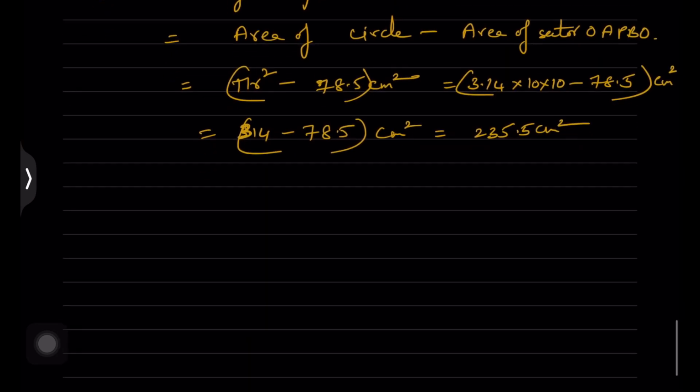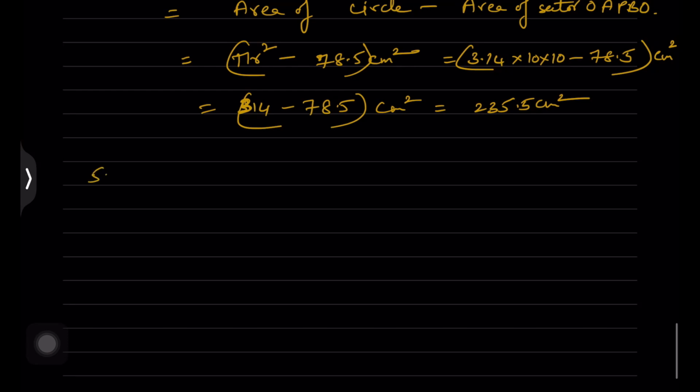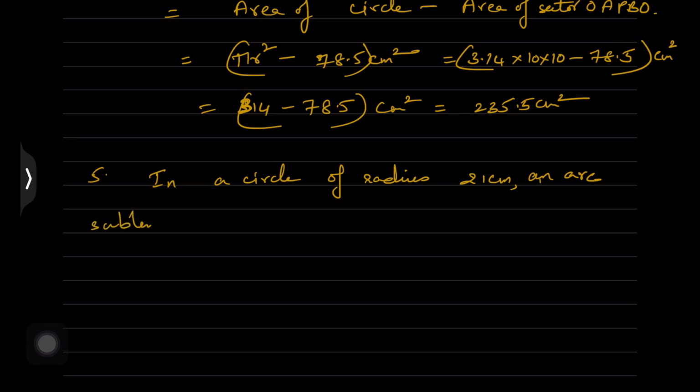Now next problem. In a circle of radius 21 centimeters, an arc subtends an angle of 60 degrees at the center.